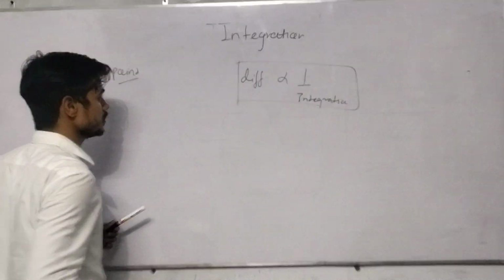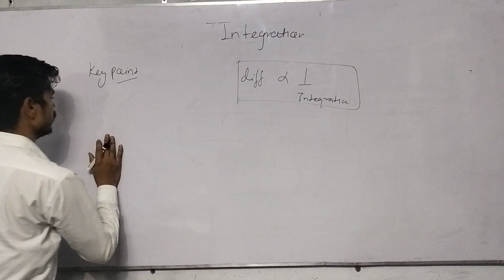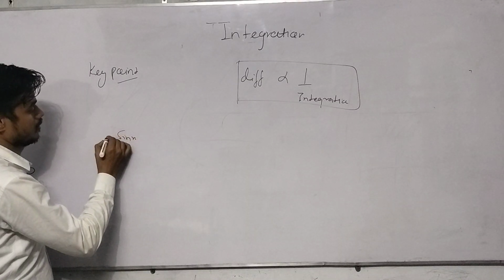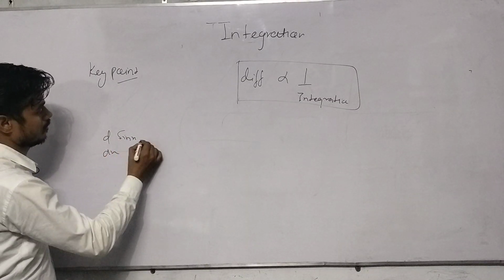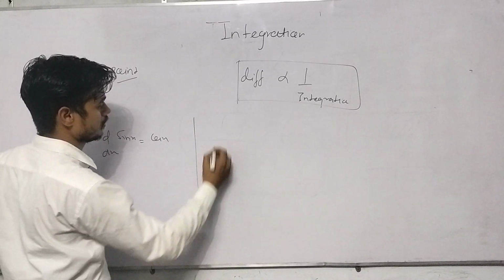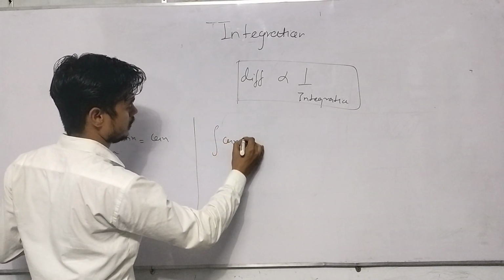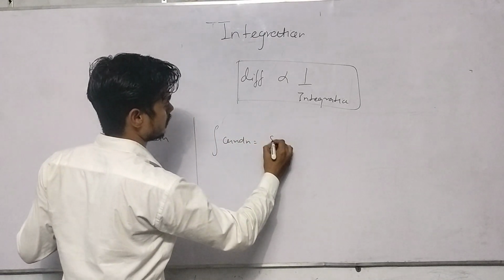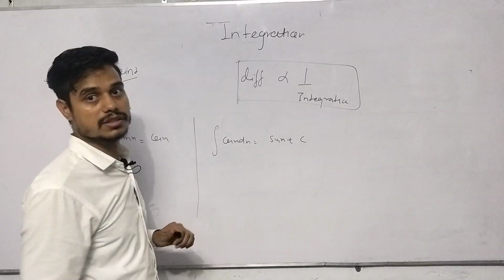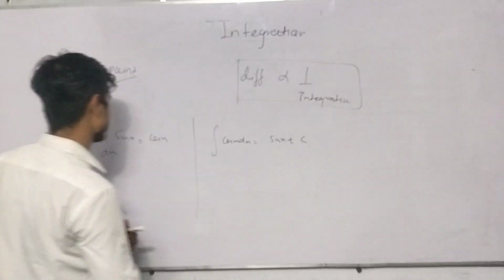For example, you know, d upon dx of sin x will be cos x, but in terms of integration, cos x dx will be converted into sin x plus c. What is this c? C is the family of the curve.